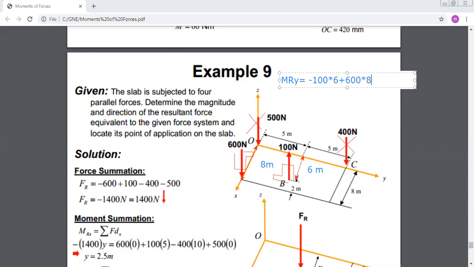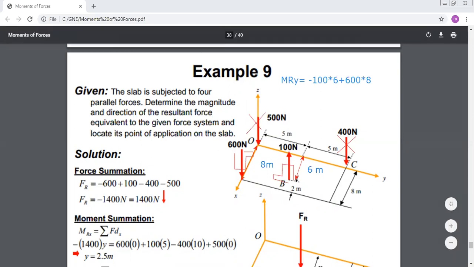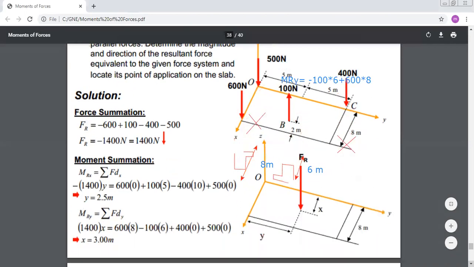Now, what we did until now, we reduced our system. So if I want to draw it here, you reduced your system to one force and two moments.